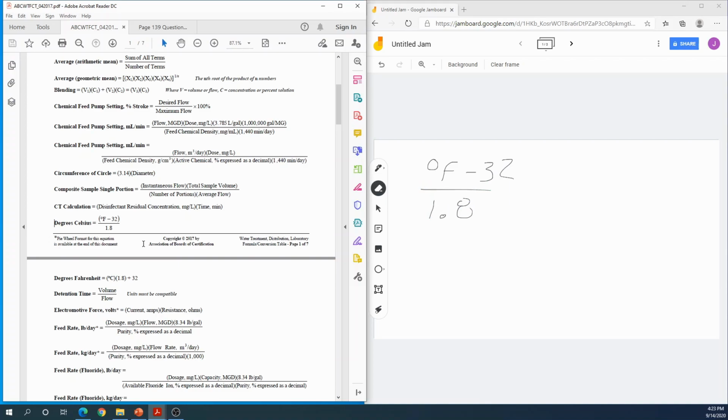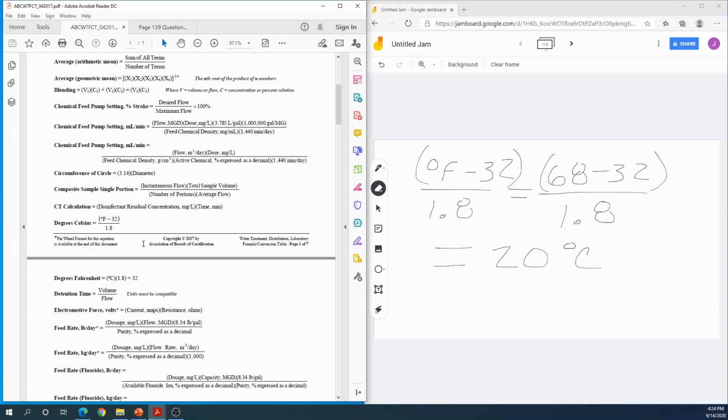And we know we have 68 degrees. So 68 minus 32 divided by 1.8. So we'll do our parentheses first, 68 minus 32. We'll take that and divide it by 1.8, and this gives us an answer of 20 degrees Celsius.